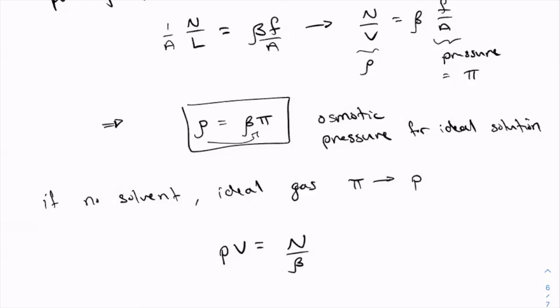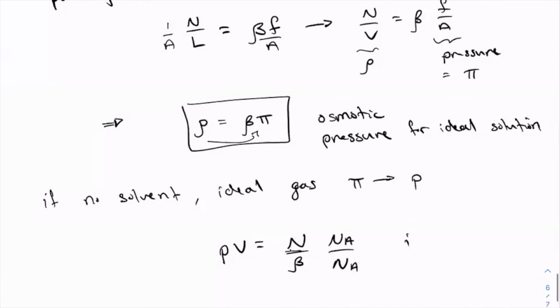If that N is the number of molecules, that's a big number typically. I could introduce Na as Avogadro's number, and then write N in terms of the number of moles, not the number of atoms. And if Na times beta is RT, what have I just found?